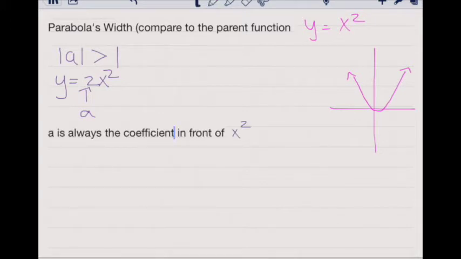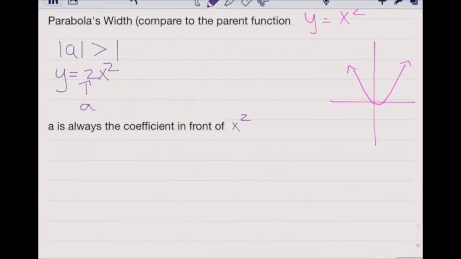a is always going to be the coefficient in front of x squared, every time, when we're talking about these cases. Another possible example that will give me an absolute value of a that's greater than 1 is, say, y equals negative 3x squared.